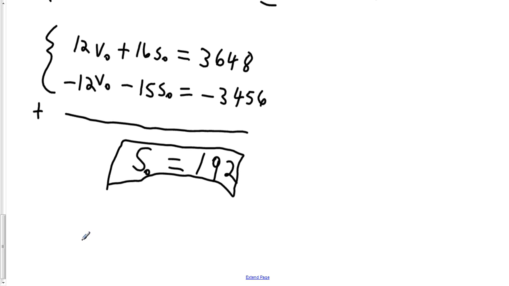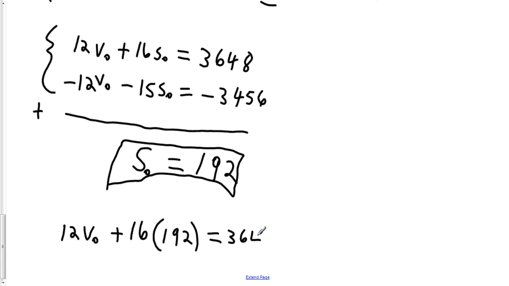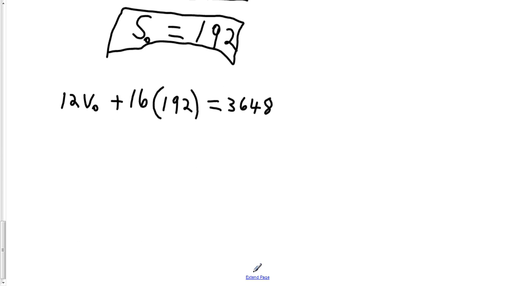All right, next I'm going to take the top equation there, 12 V naught plus 16 times S naught. Instead of S naught, I know that S naught is 192, and this should equal 3,648. And 16 times 192 is 3072.